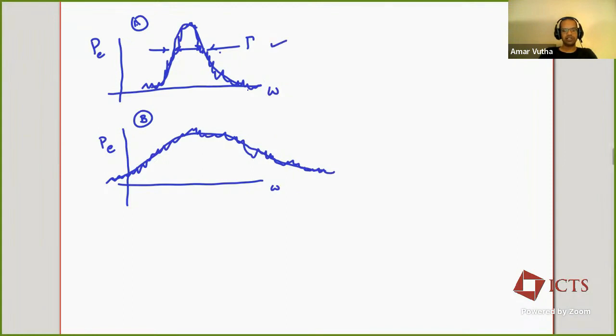So given all else being equal, the noise being about the same, the signal height being about the same, this one is a nicer thing to measure. And that's true. Your uncertainty in the frequency measurement is going to be dependent on this line width, on the gamma. The smaller gamma is, the smaller the uncertainty is you're going to get.